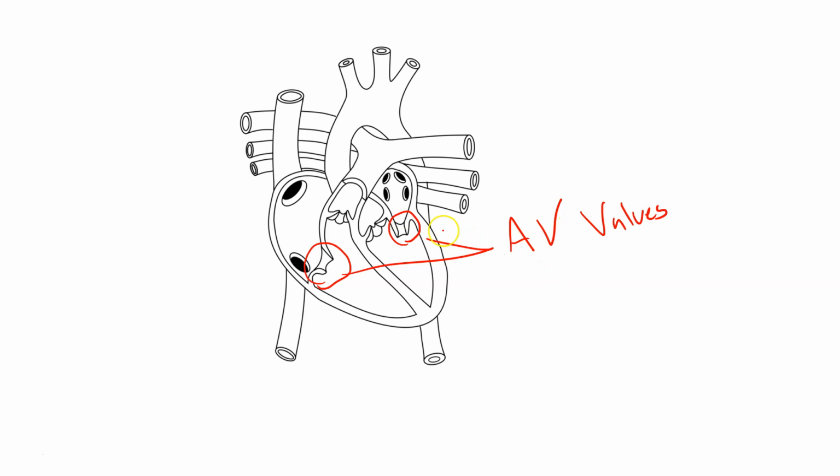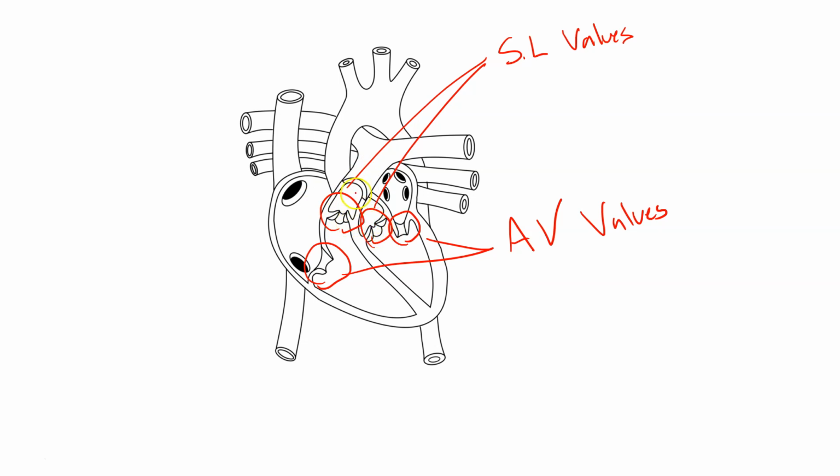They're called that because they sit in between the atria and the ventricles. Then there are 2 semilunar valves, and the semilunar valves are found in the 2 outlets of each side of the heart. There's one in the right outlet, the base of the pulmonary trunk. There's one in the left outlet, the base of the aorta.